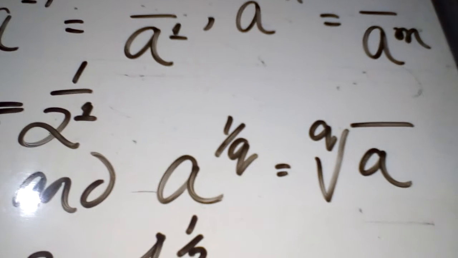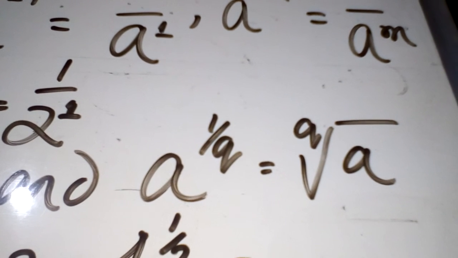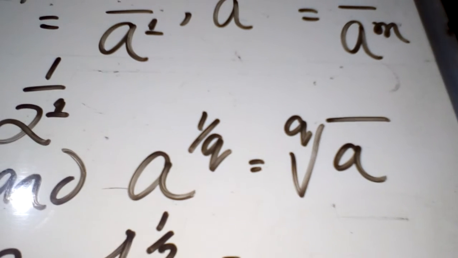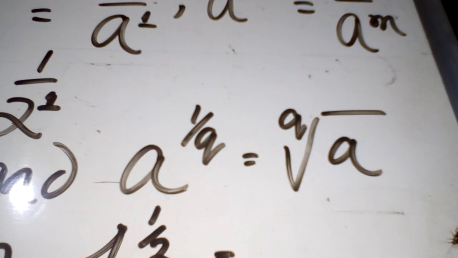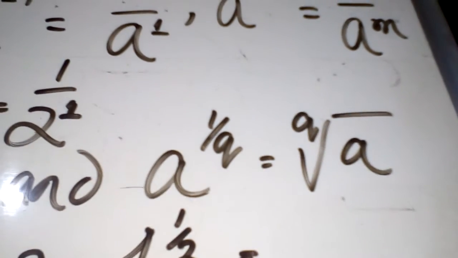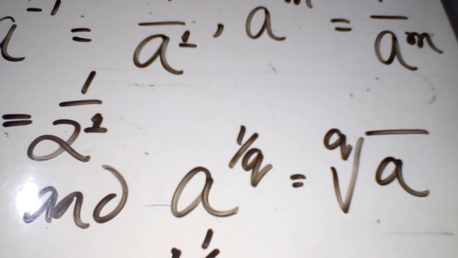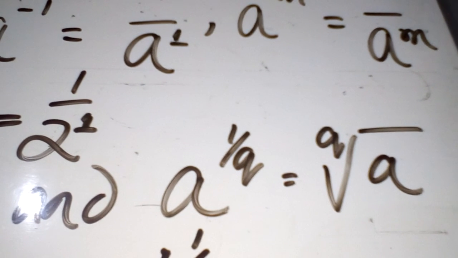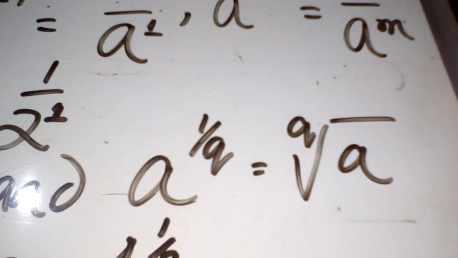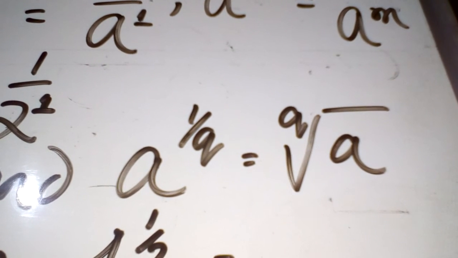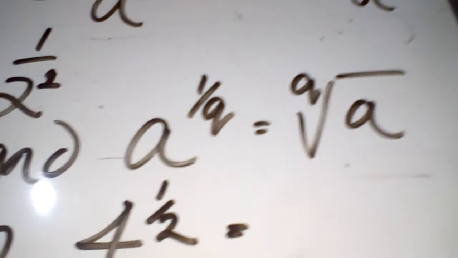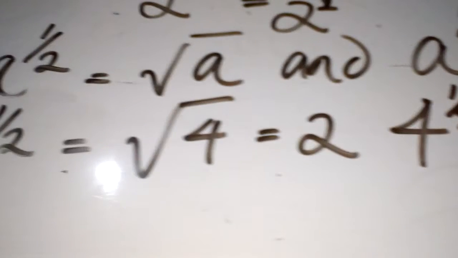And when you have a to the power, in this instance, 1 over q, you represent it in this format, where the q, which is the denominator in the index, will basically be the root. So you have root q of a as the answer.